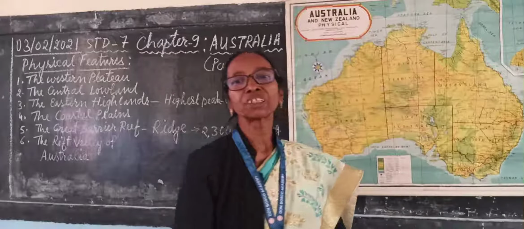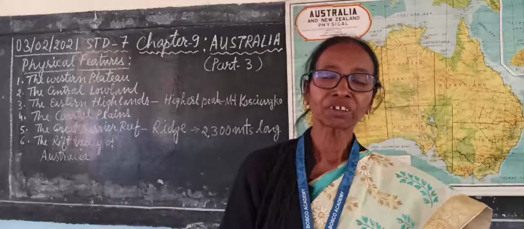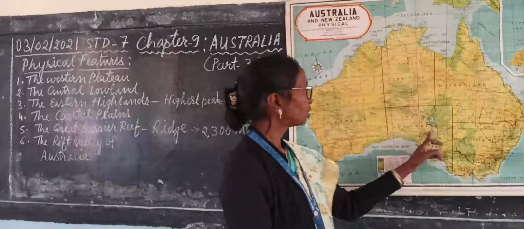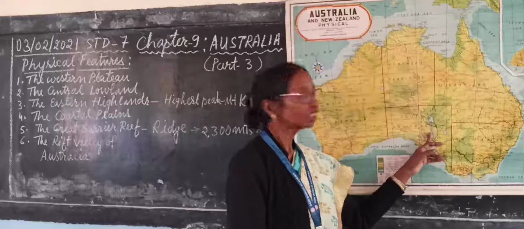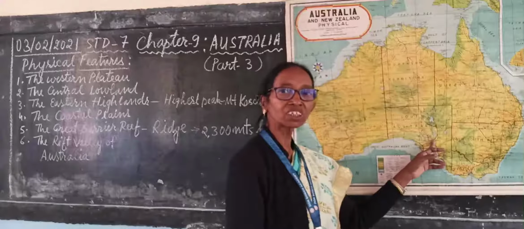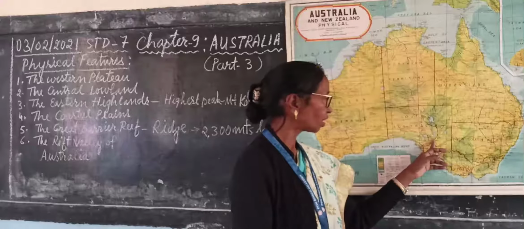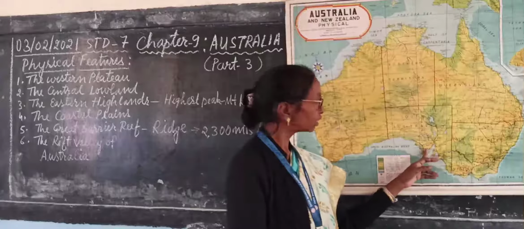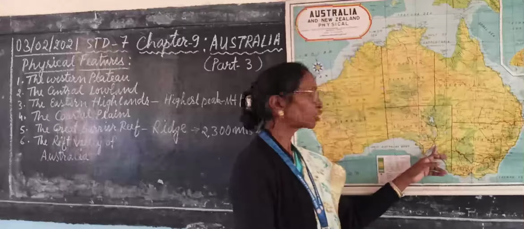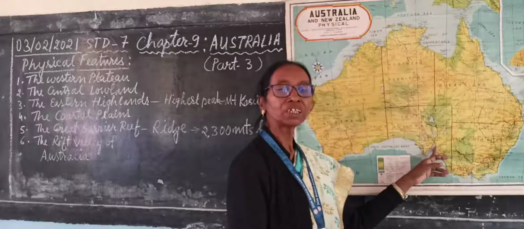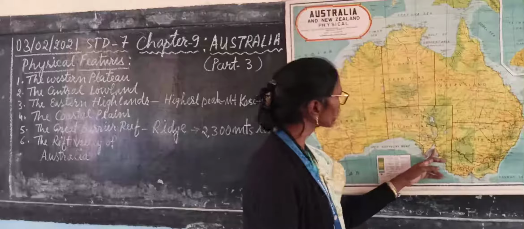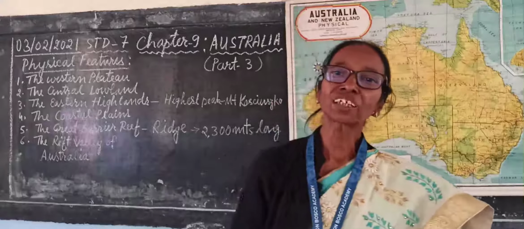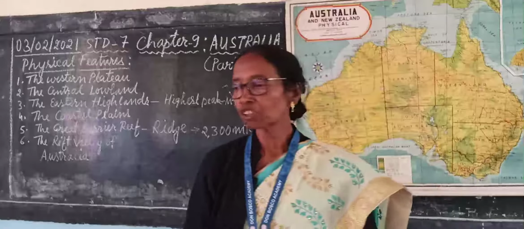There are deep rift valleys found in this region, and due to the formation of rift valleys, Torrens Lake is formed in the southern part of Australia, and there is a narrow lake or valley at the southern part of Australia, that is also part of the Rift Valley, and the Gulf of Spencer is also part of the Rift Valley. So these are the physical features of Australia.